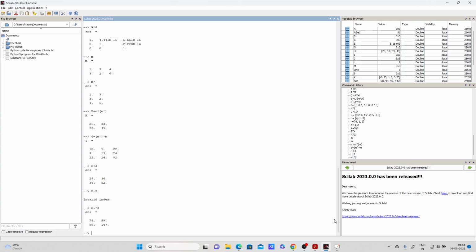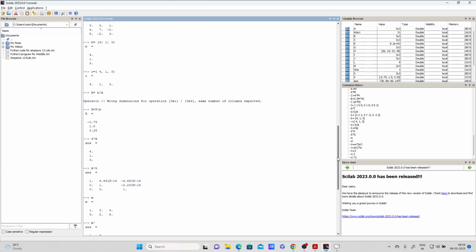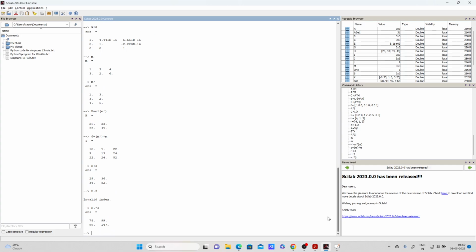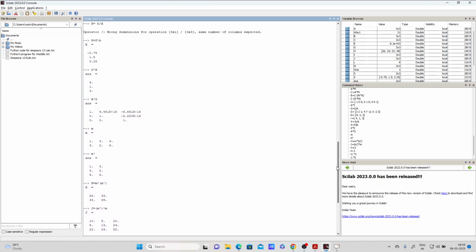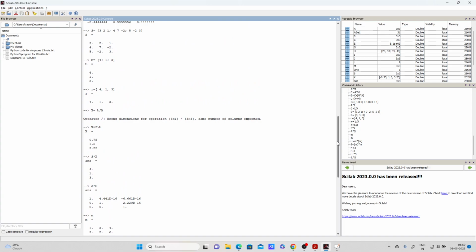You can also do this. Let me see if I have two proper matrices. J is a 3 by 3 matrix. Any other 3 by 3 matrix I have? Yes, I have. So if I do J dot star S, what is done here is term by term multiplication of J and S. The first term in J is multiplied with the A11 in S. S was this matrix.